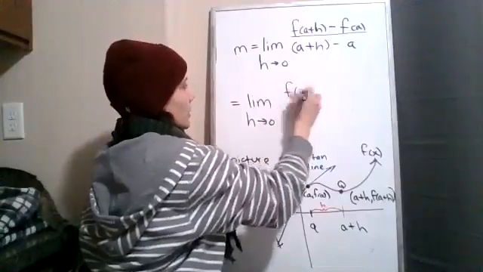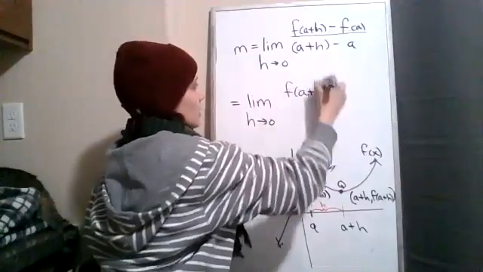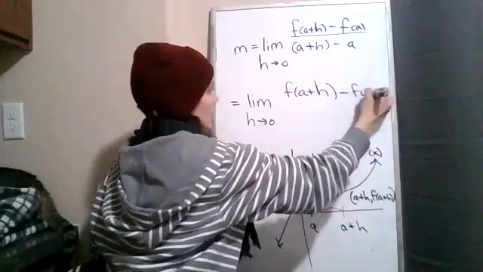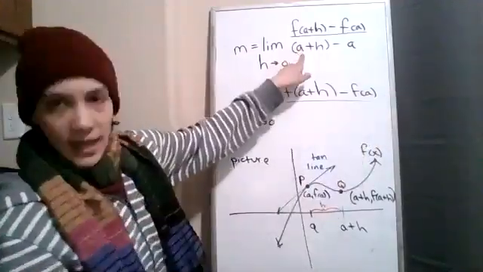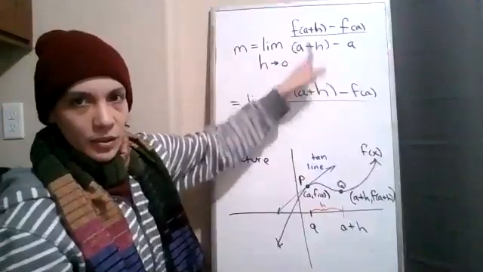So you have f of a plus h, subtract f of a, over a plus h minus a, so just over h.